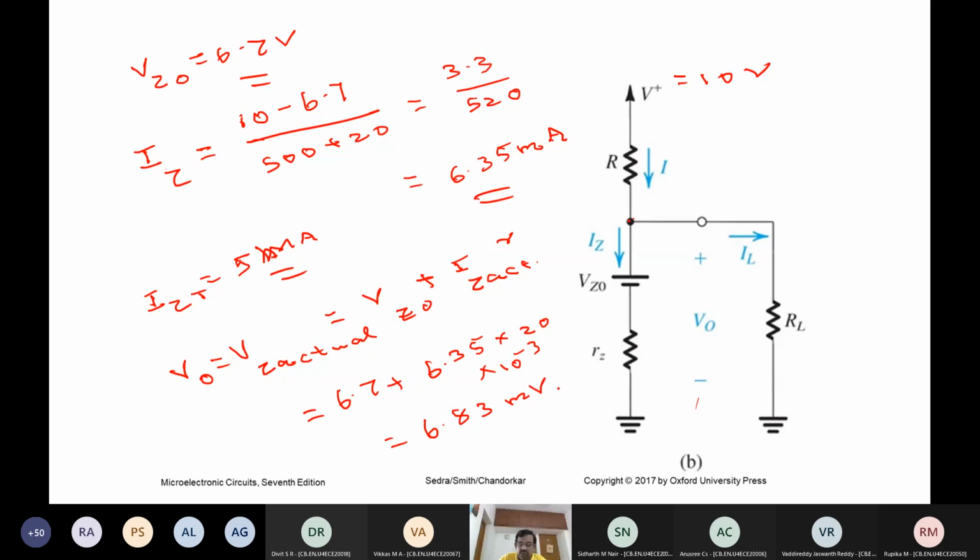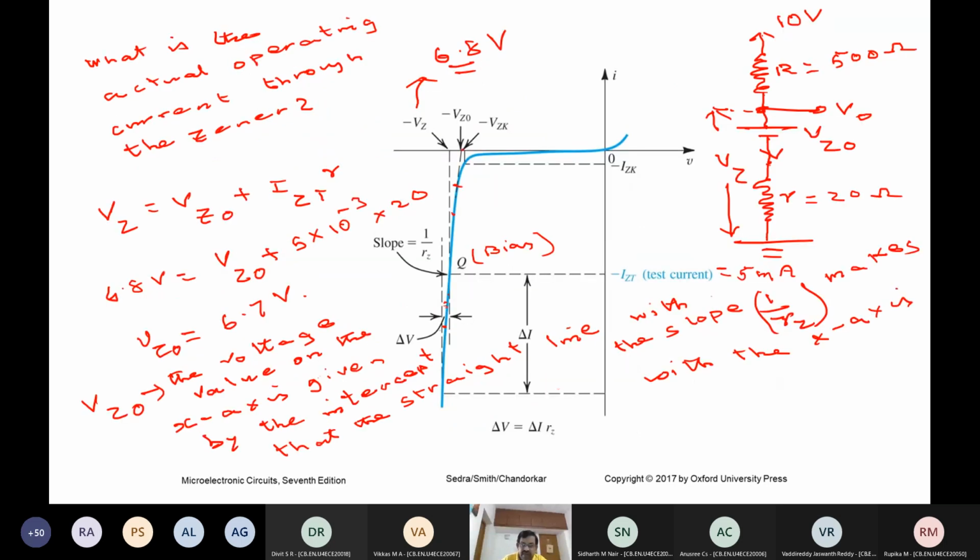That's what I said. You are not operating at 5 milliampere, you are rather operating at a higher current. Therefore, you will get a higher voltage than that. In this diagram, I am showing VZ over here, that is 6.8, but you are going to get slightly higher current, maybe over here.